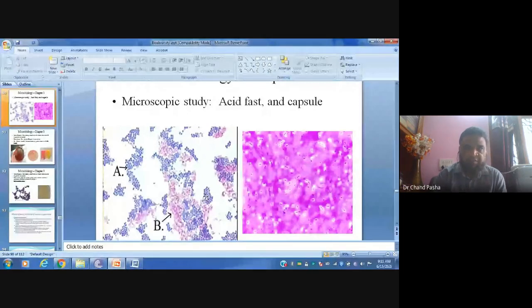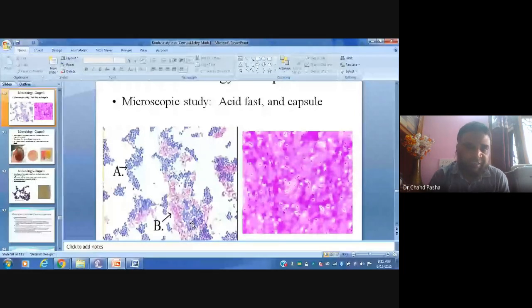This is a capsular stain. If you see the Klebsiella, that also will appear in the same thing. And see, this Staphylococcus aureus will appear in this state. And here there are some big pink rods. They are the acid-fast Mycobacterium tuberculosis.